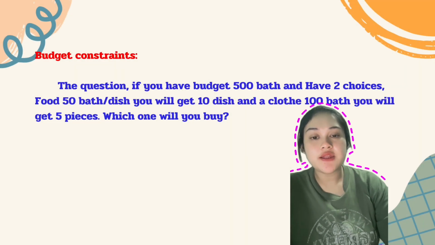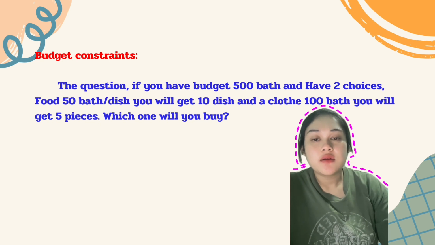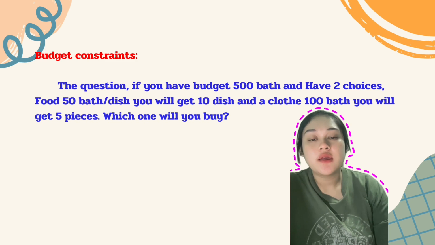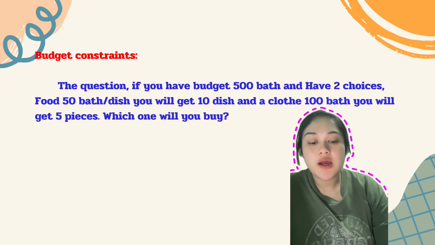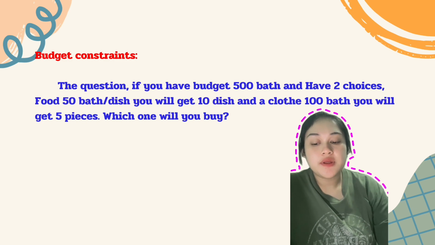Budget constraint is the question: if you have a budget of 500 baht and have a choice of food at 50 baht per dish, you will get 10 dishes, and a coat at 100 baht, you will get 5 pieces.